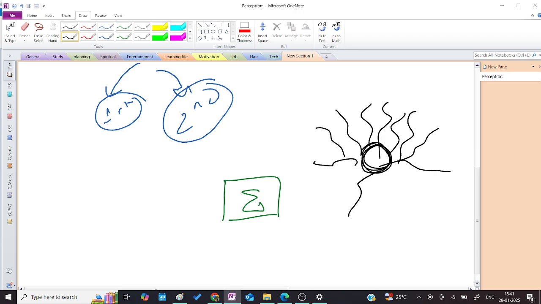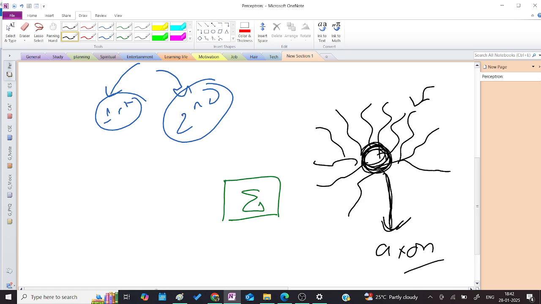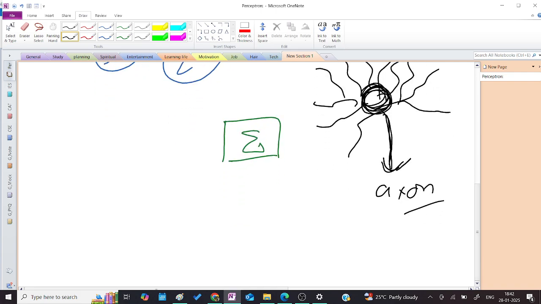Okay. So the input, whatever the signal is coming via these dendrites into the cell, and it then transmits the signal through axon. Okay. So the same concept is used here for perceptron.